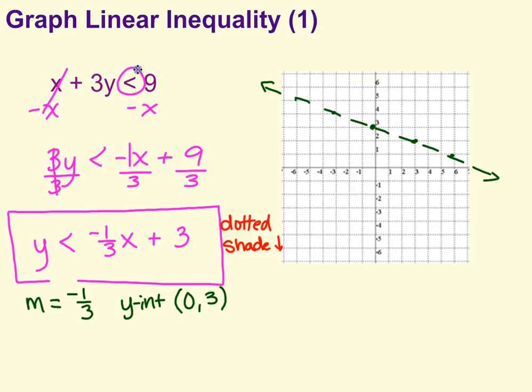So just a fail-safe way to do this, if you have to shade below, go to your y-intercept, this point you plotted, draw a line below it, or an arrow below it. That's the side that we're going to shade. That'll work every single time. Just go to your y-intercept, draw an arrow above or below, depending on your inequality, and that's what you shade. So then you shade everything below. So all of this gets shaded in.